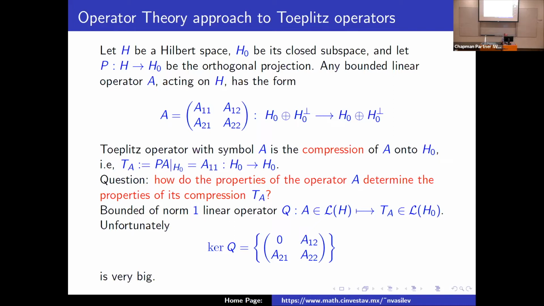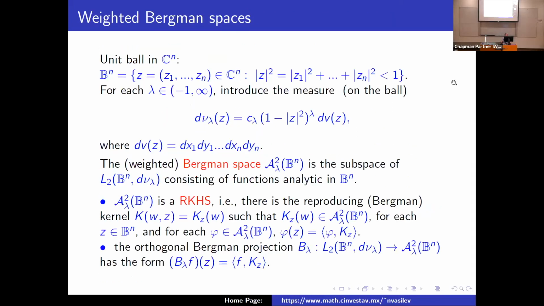This huge kernel basically says that we do not characterize exactly the properties of the compression just by looking at the operator A, because we have the 3 extra entries which do not permit this. But fortunately, there are many important cases where we can do this. And one of these cases is related to Toeplitz operators. So let me pass to this setup.